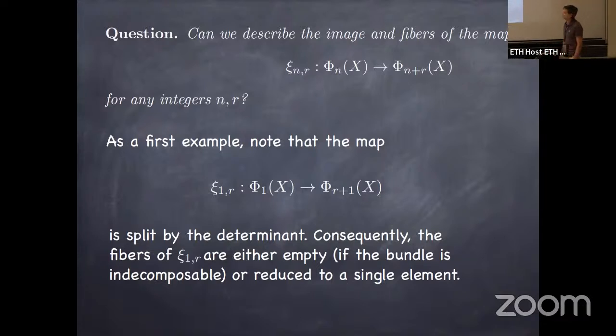So this map psi 1 R is injective, which says that the fibers are either empty, if there is no preimage, or if there is a preimage, there is a unique one given by the determinant.